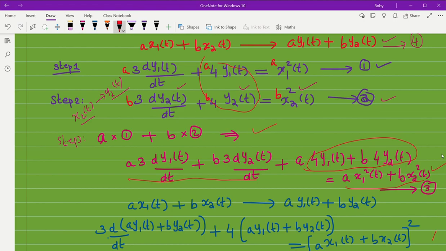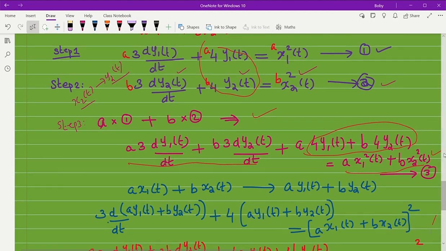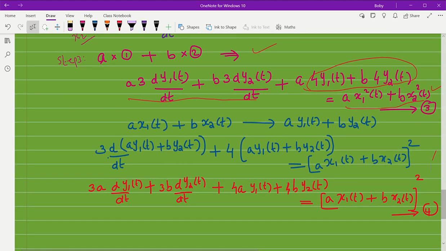Now what is the next step? Coming to the fourth step, what is the fourth step? In the fourth step we have to give the input as a x1(t) plus b x2(t) and the output as a y1(t) plus b y2(t). In the given differential equation, wherever x(t) is there, we have to give this instead, and wherever y(t) is there, we have to give this expression instead.